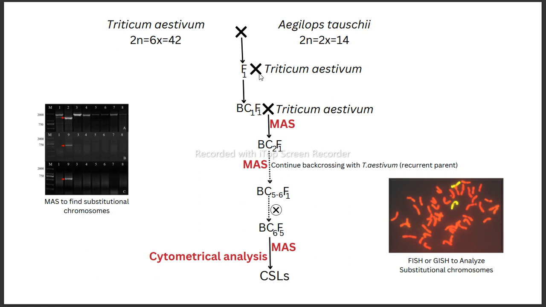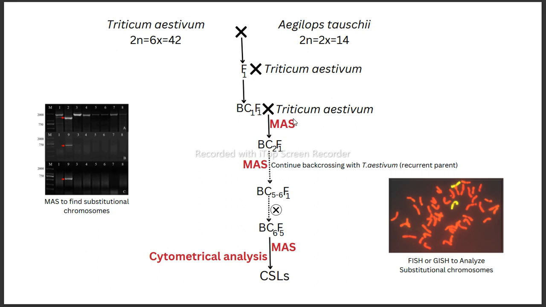Then this F1 generation will be crossed again with Triticum aestivum, because we want very little genetic material from Aegilops tauschii and more genetic material from Triticum aestivum, which is a well-adapted variety in the market. So after crossing F1 with Triticum aestivum, we will attain the backcross 1 F1 population. After attaining it, we will again cross the backcross 1 population with Triticum aestivum.